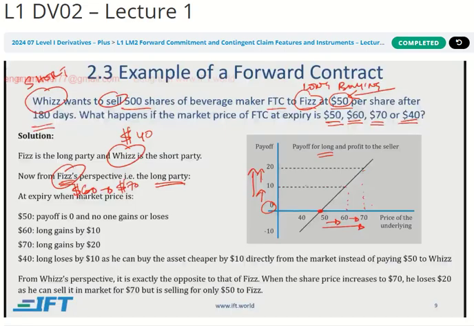And at expiry, if it is 40, let's say if it falls, then at 40, the long party will lose 10, whereas the opposite situation will be happening for the short party. So from the short party's perspective, which is Viz, it is exactly the opposite. If the share price rises, they will lose, and if it falls, they will win.